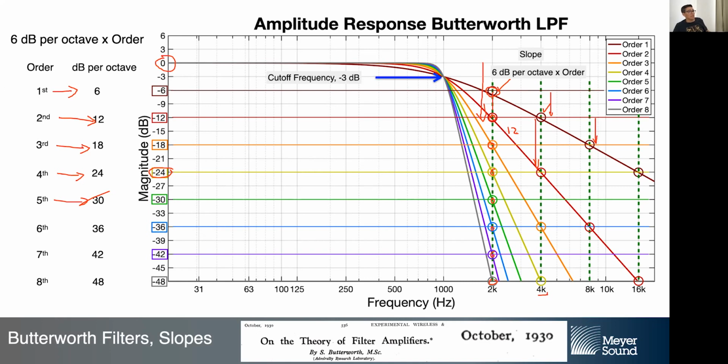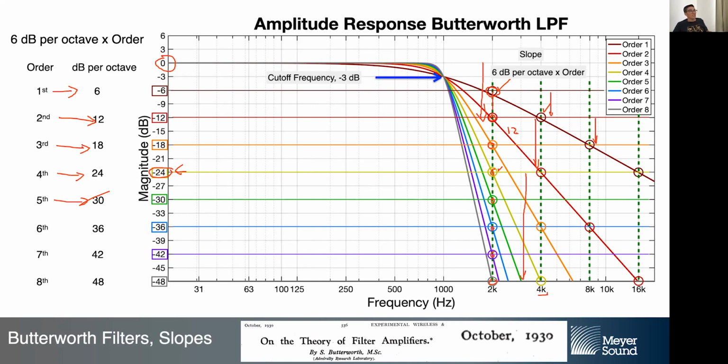Right now, this yellow color is going to be related to the attenuation that we're going to have 1 octave above. And that is going to be, of course, the slope, because for the next octave, we're going to have another 24 dBs of attenuation. So this is about the high pass filter and the orders.